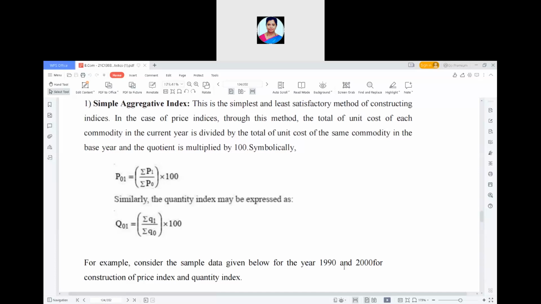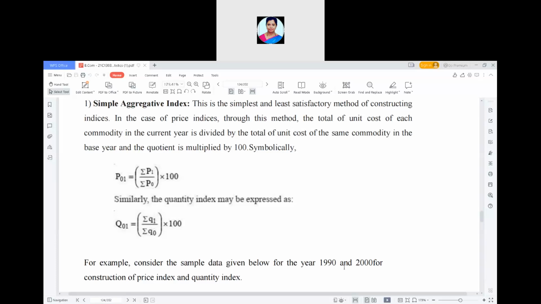These are the formulas for finding the price index and quantity index, the simplest formula for finding the price index.